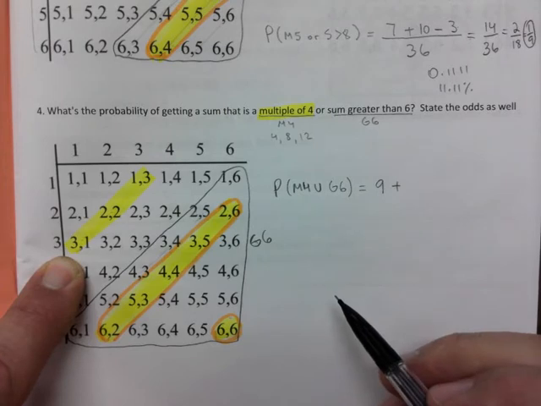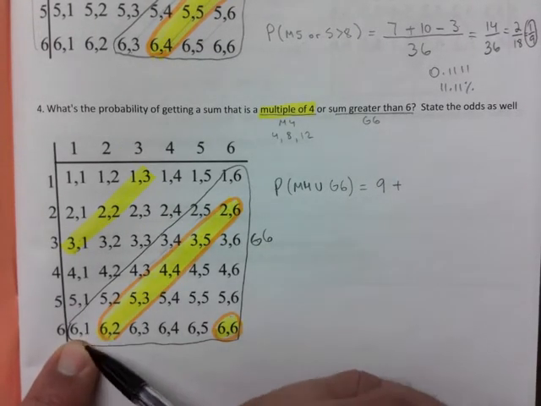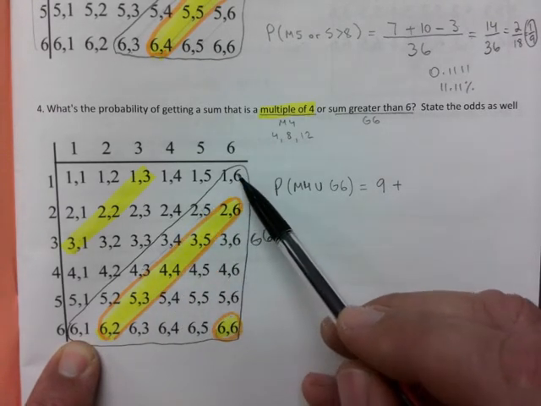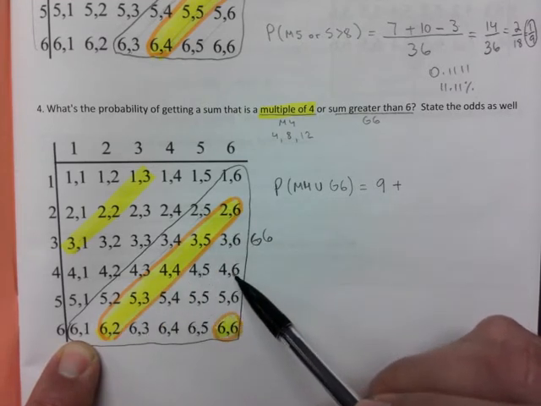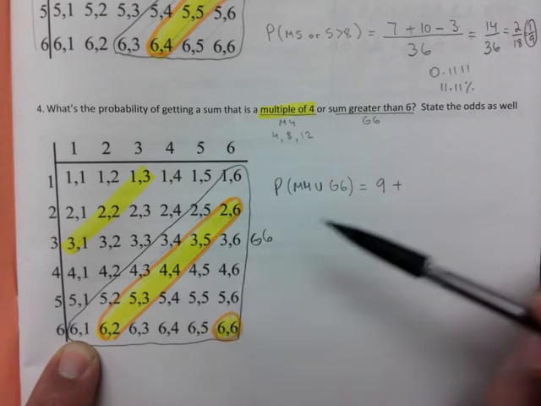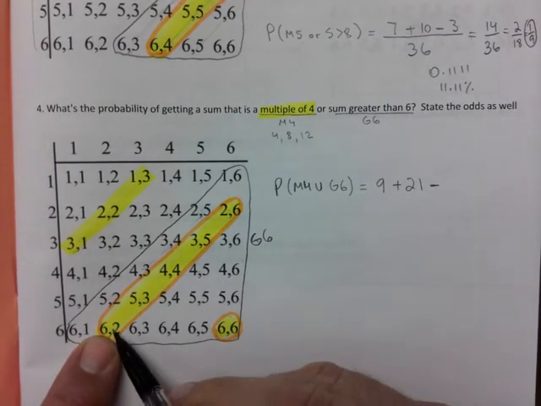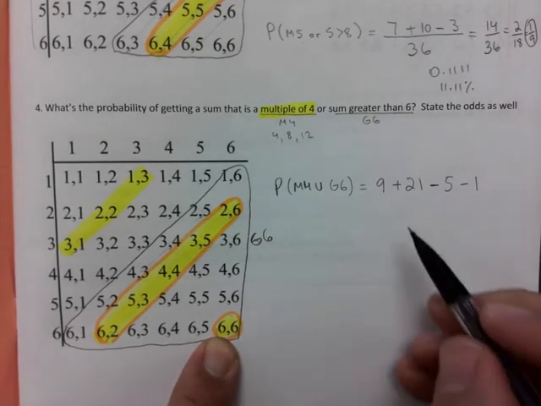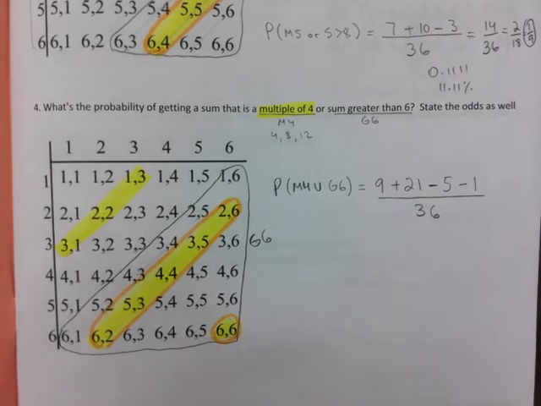Plus, let's count all the combinations that give us a sum greater than 6: 1, 2, 3, up to 21. So it's 21 minus, we're going to take away the overlap. So 1, 2, 3, 4, 5 minus the 1. Remember we're talking probability, all of that in this case over 36.